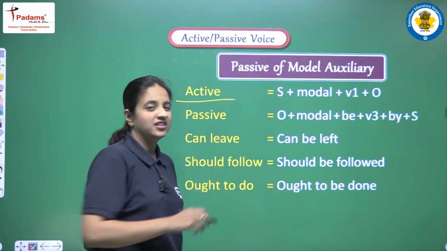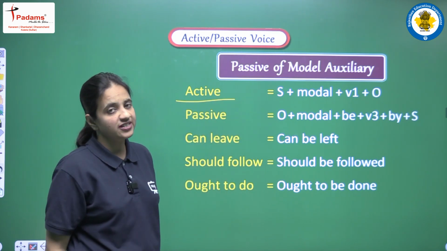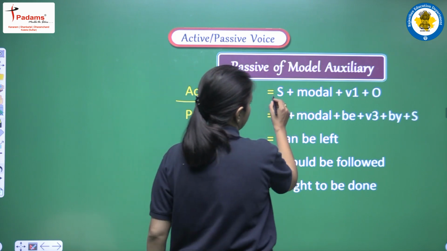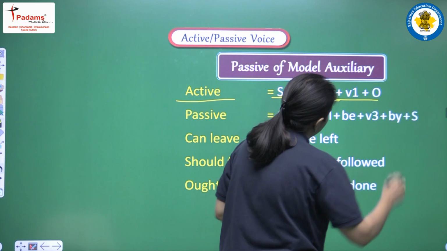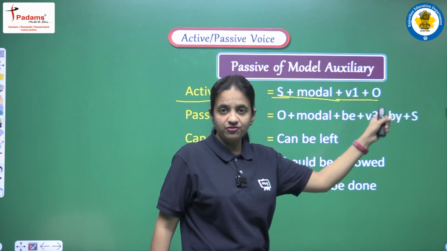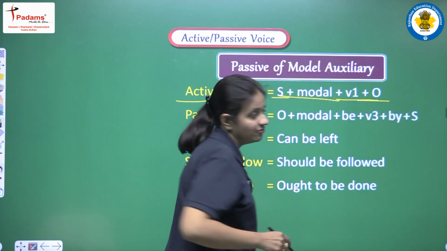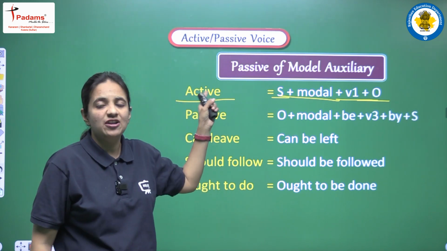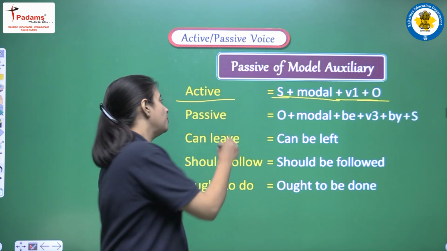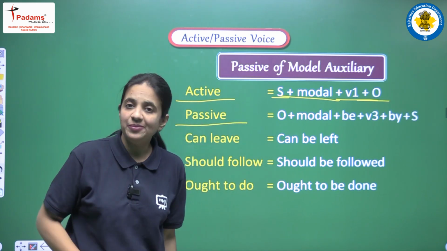First of all, let's see the structure of active voice. There should be the subject, after that any modal auxiliary. Then we all know that with a modal we use the first form of the main verb, and then there will be the object. So this is the structure of active voice. And now when we are converting such a sentence into passive voice, what will be the structure?